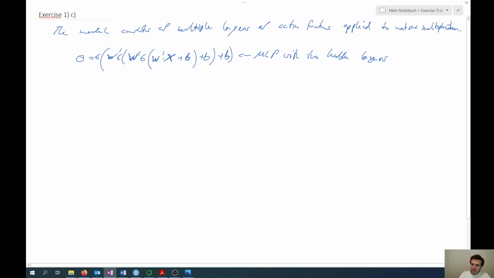And this way we have this onion-like structure.